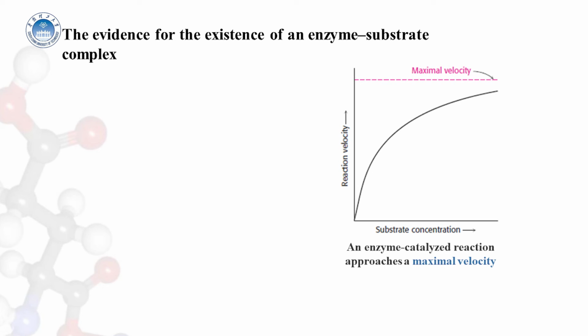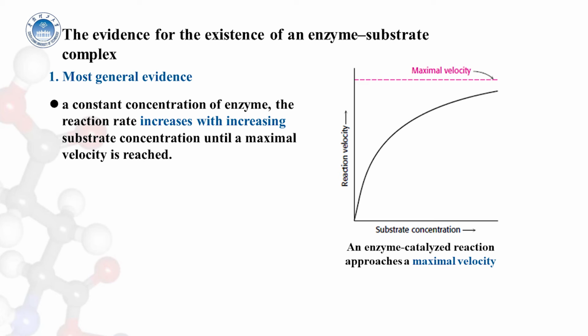Well, the first clue, also the most general evidence, was the observation that at a constant concentration of enzyme, the reaction rate increases with increasing substrate concentration until a maximum velocity is reached.